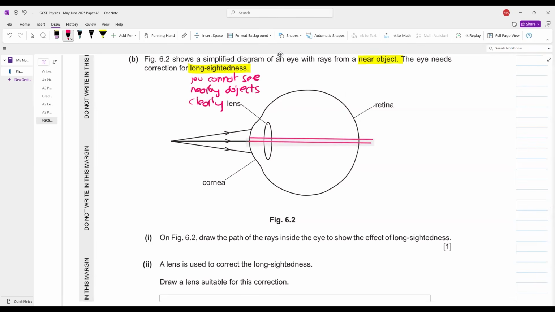If your eye is long sighted, बेटा अगर आपकी eye long sightedness face कर रही है, क्या होगा? Your image will form behind the retina. Image कहाँ form करेगी?